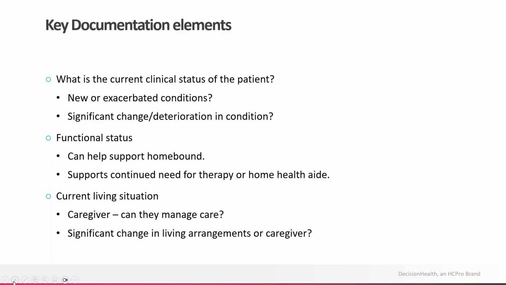Their living situation, they may have gone from their home to an assisted living. You know, there may be some changes that you need to stay in there for, but you just want to make sure that your documentation is very clear as to why you have to go for another 60 days or 3 weeks if it's for the observation and assessment. Make sure it's extremely clear.